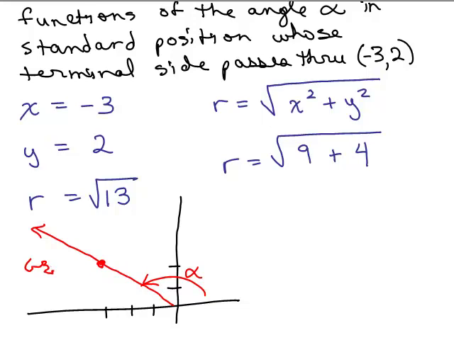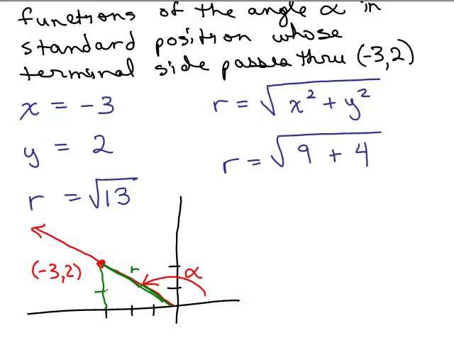Oops, sorry. Problem with my pen. -3, 2. And then the length right here, let's make it just a little bit thicker. Okay, the length right here, r, you would get by using the Pythagorean theorem.